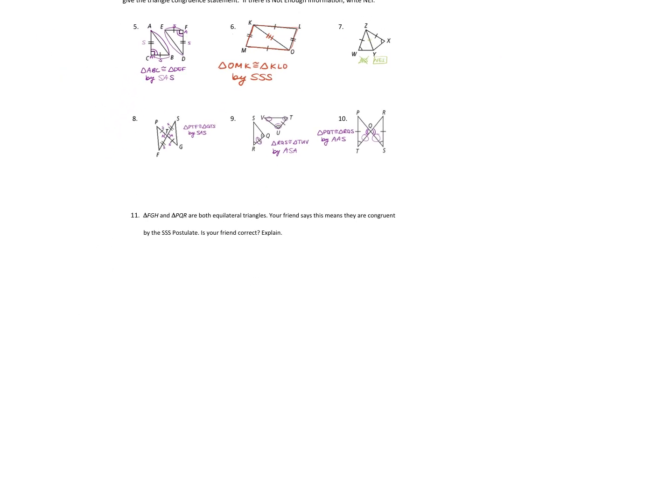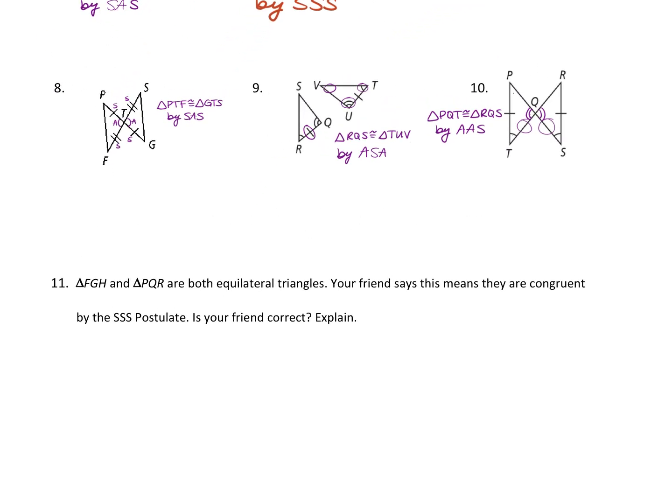All right, last one here. This one says triangle FGH and triangle PQR are both equilateral triangles. Your friend says this means they are congruent by the SSS postulate. Is your friend correct?